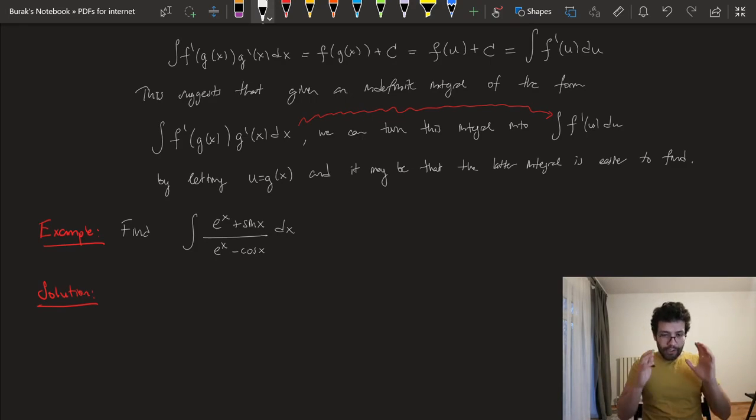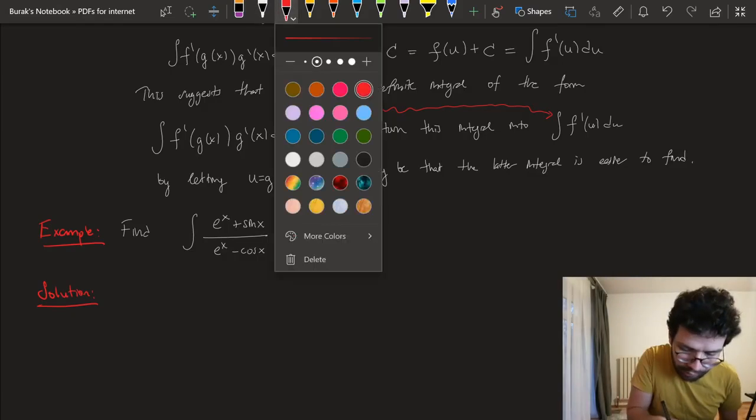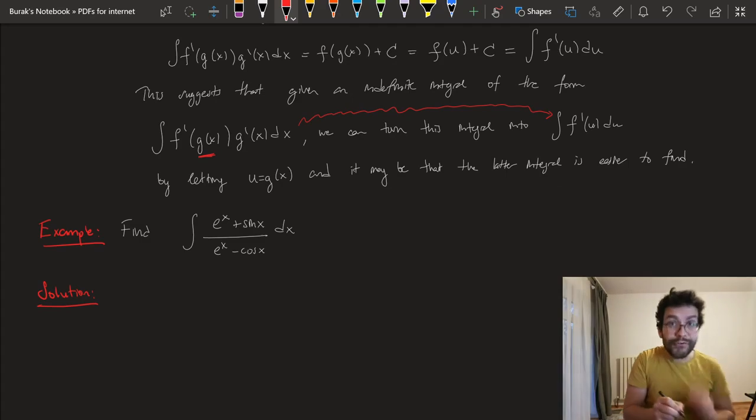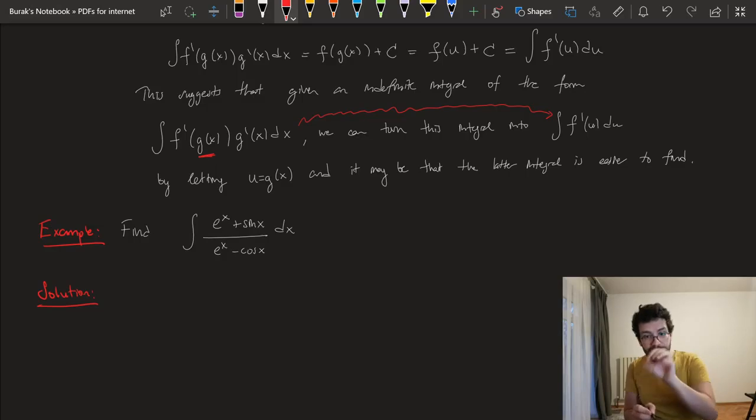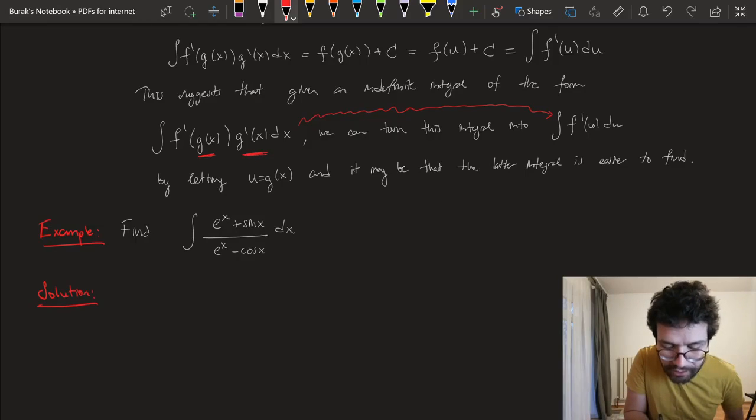How? Within your integrand, you should find some expression of x, which you're going to call your u. So that will be your g of x here, so that the derivative of that with respect to x is also seen within the integrand, which is this part.